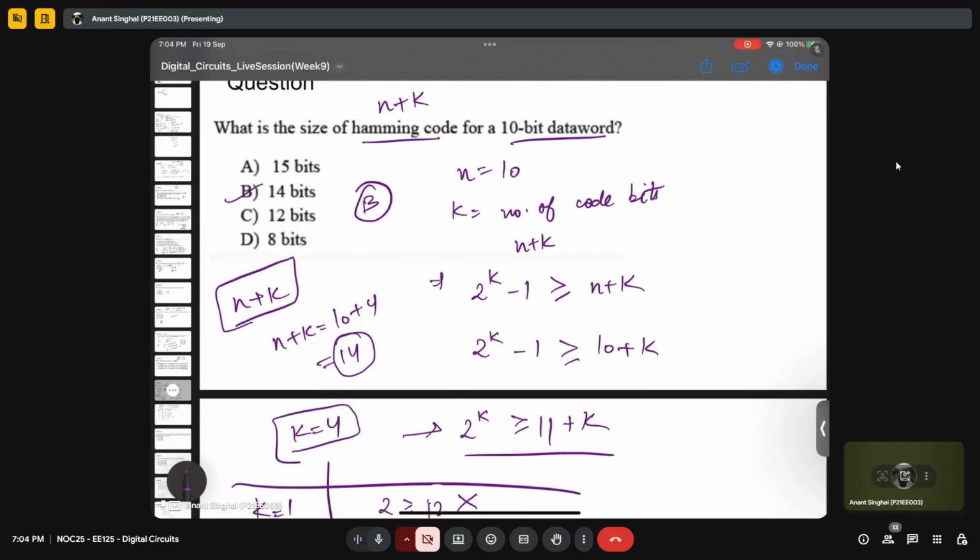Sir, is this Hamming code now used in the real world, since there are digital circuits now? Yes, to detect errors or to correct a single bit error it can be used. There are actually a lot of codes in the literature, and Hamming code is the most basic version of them.